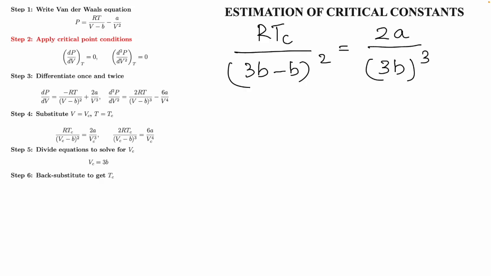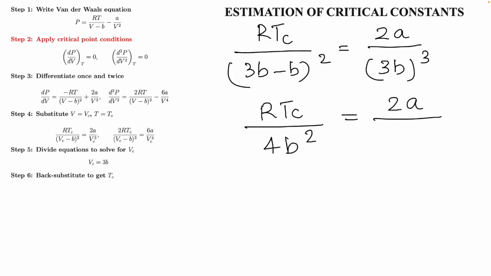So RTc by (3B minus B), which is 2B, 2B square is 4B square, is equal to 2a by, what is 3 cube? 3 cube is 27. Remember, don't write 3 cube is equal to 9, which is a common mistake that sometimes students make. 3 cube is 27.